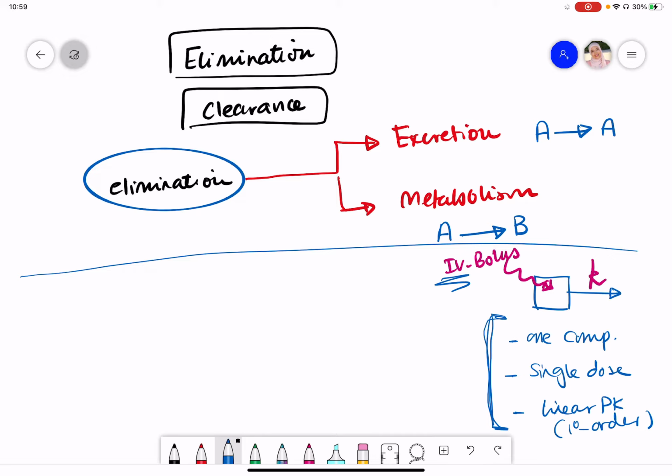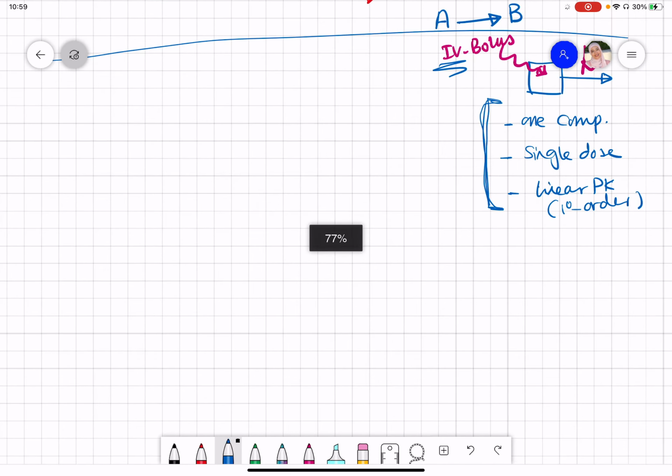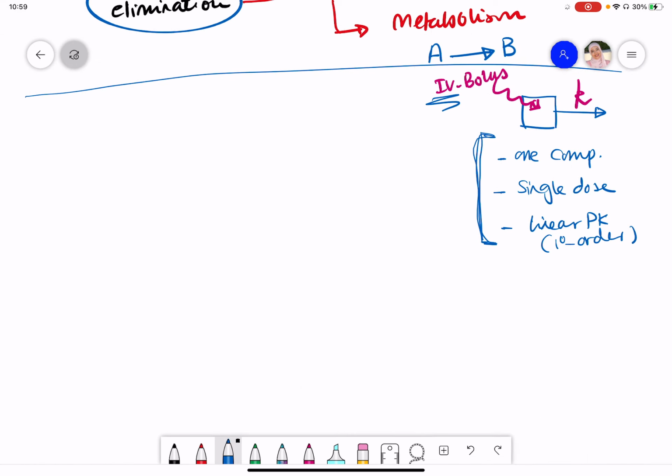Okay, earlier, when we started the explanation of this model, we mentioned that we can determine or describe the rate of elimination in terms of amount or in terms of measured concentration, right?